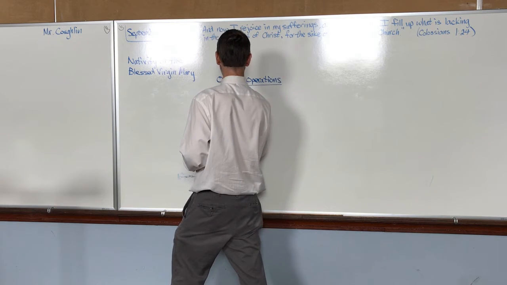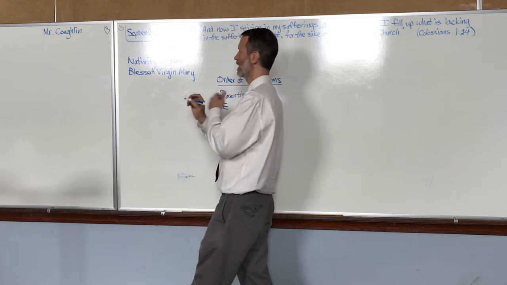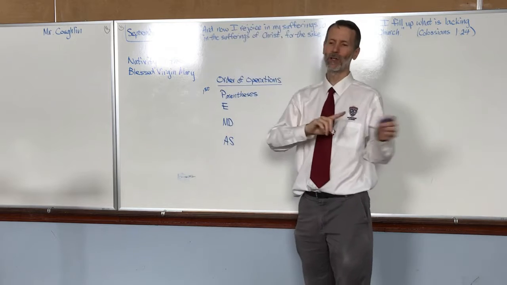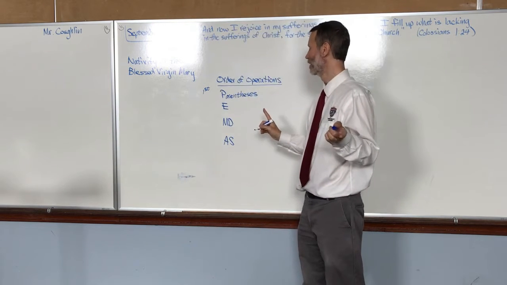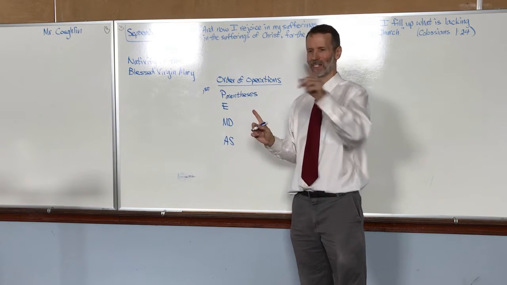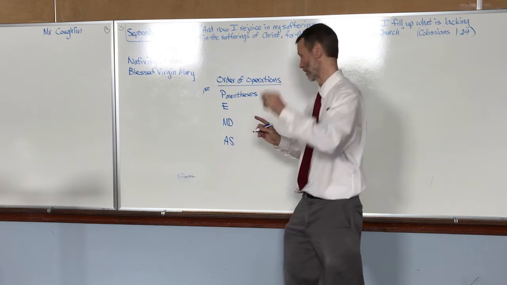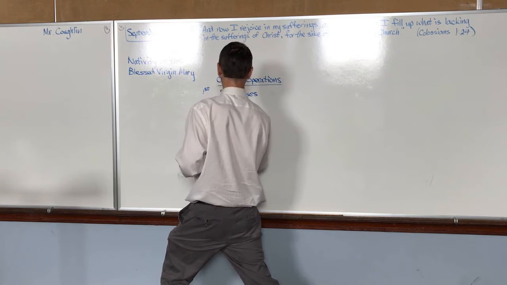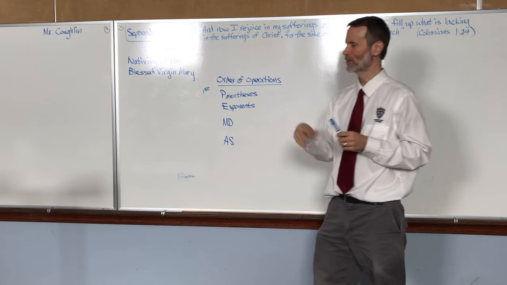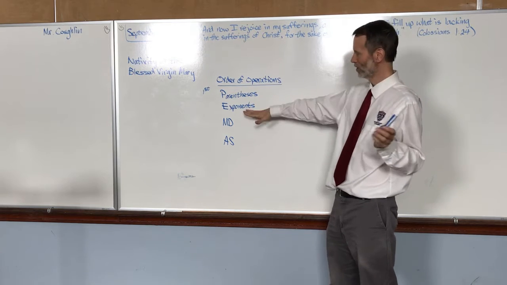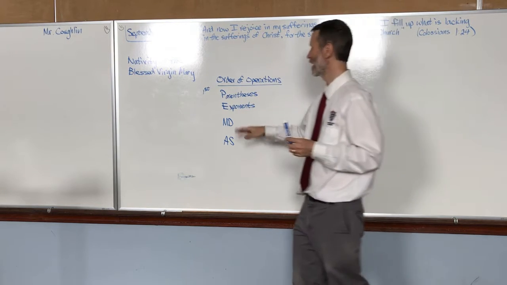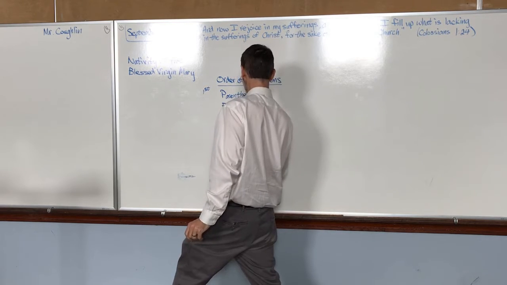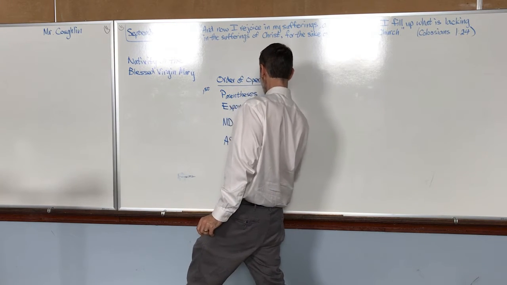You do parentheses first, before anything else. After all the parentheses are done, then you do what? What does E stand for? Exponents, very good. Exponents. Powers. So before you go into any add, subtract, multiply, divide, you have to make sure you do all your exponents first. Then, this is multiply/divide.